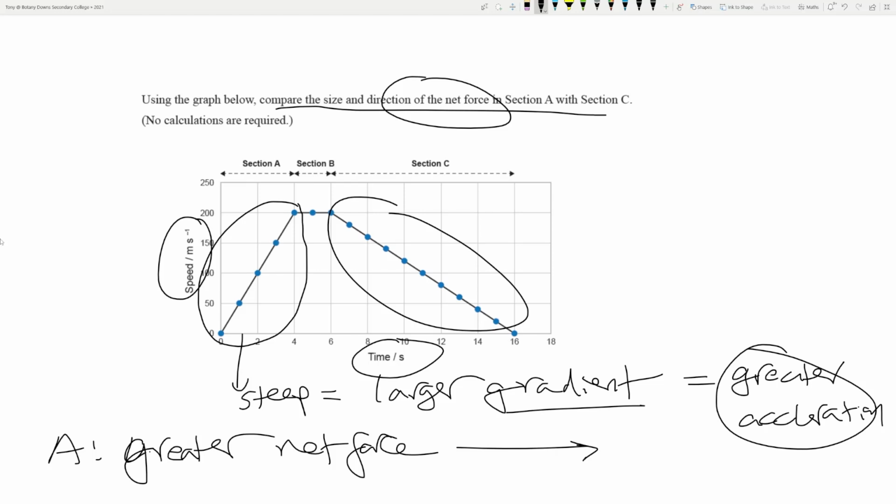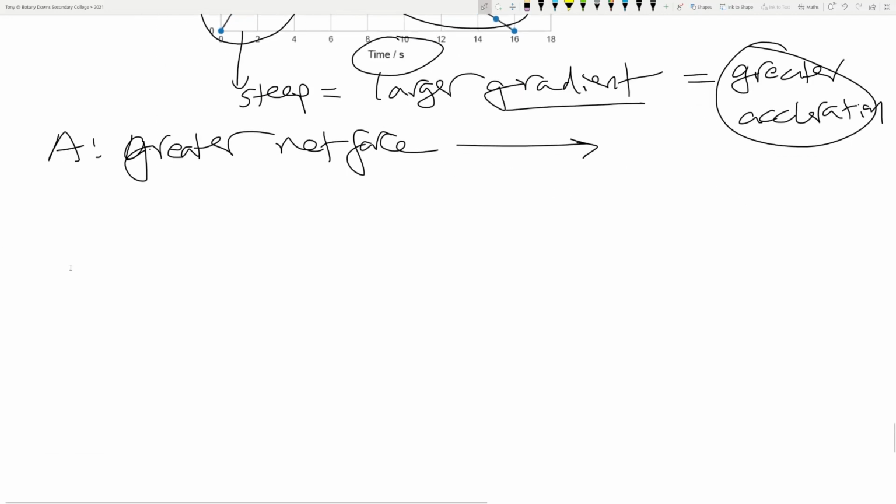Now if you look at section C, well, A is accelerating, it's going forward. And for section C, it's going this way, as we saw in the diagram, because we are decelerating. That means the net force is acting to the left hand side, in the reverse way. But it's not decelerating as much as section A's acceleration, because the graph is not as steep.